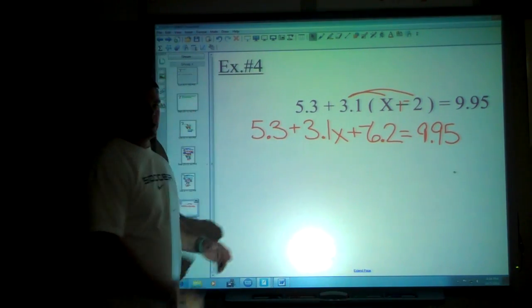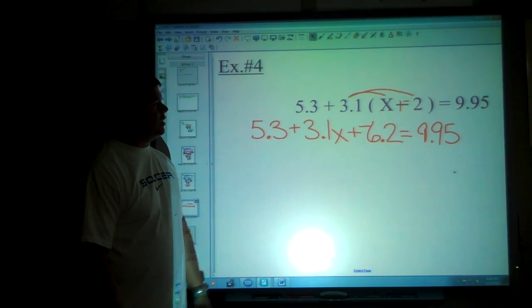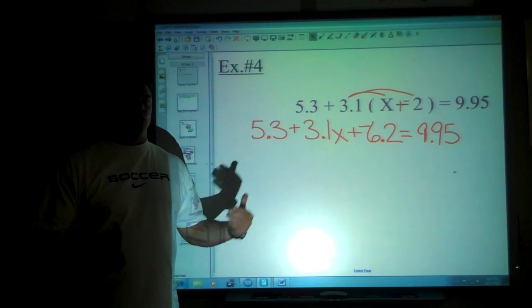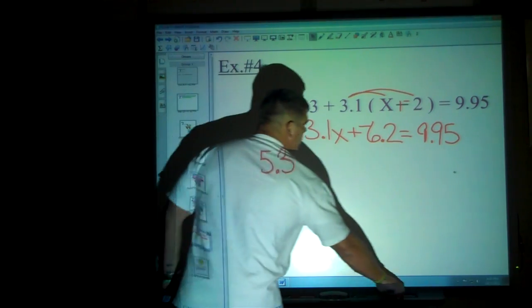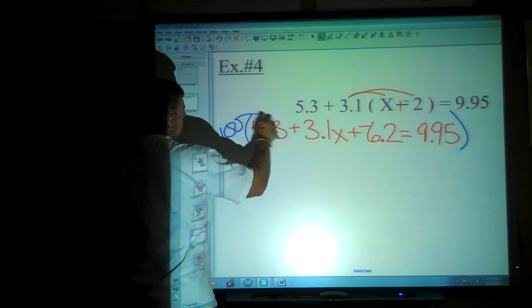Now in this problem there's tenths and hundredths. So I can't get away with multiplying it by 10. I'm going to have to multiply the entire problem by 100. So all of it gets multiplied by 100.